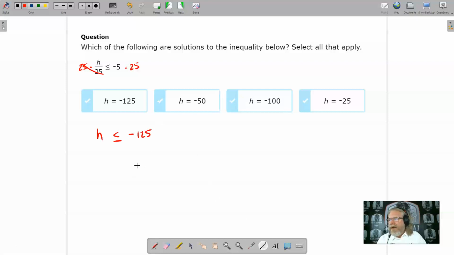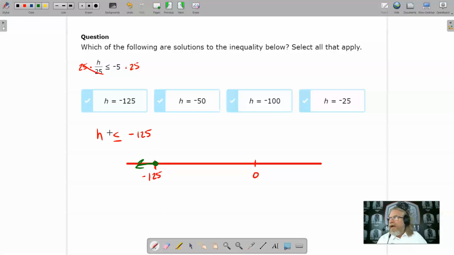So if I had a number line, and I would have, say, 0 here, and down here I got negative 125. Now I know everything less than, so in this case, or equal to, so it could be negative 125 and everything that way, right?